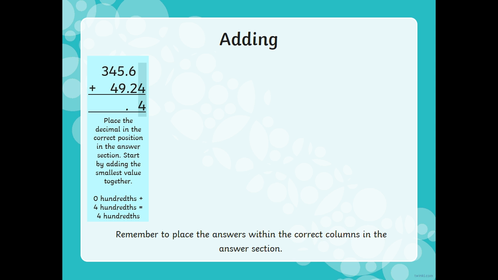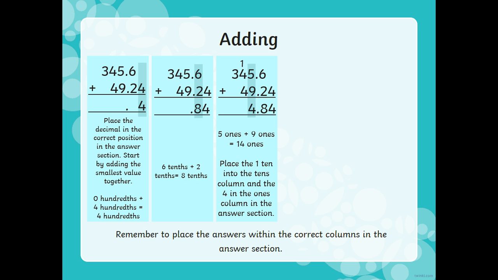Start by adding the smallest value together. 0 hundredths add 4 hundredths equals 4 hundredths. 6 tenths add 2 tenths equals 8 tenths. 5 ones add 9 ones equals 14 ones.